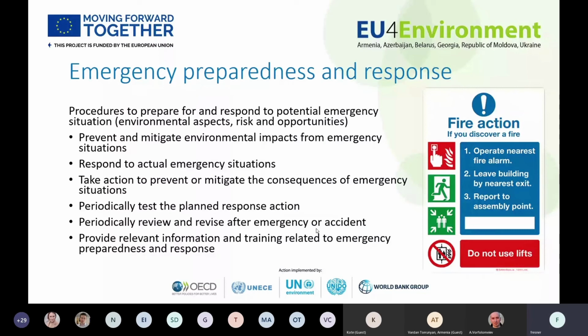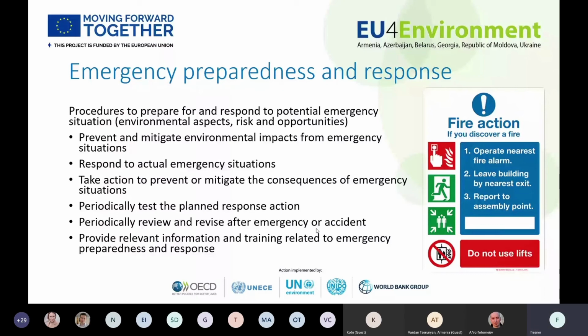Now, as I started talking, abnormal operational conditions which might happen and which will have an environmental impact are also to be considered by us, which means emergency preparedness.